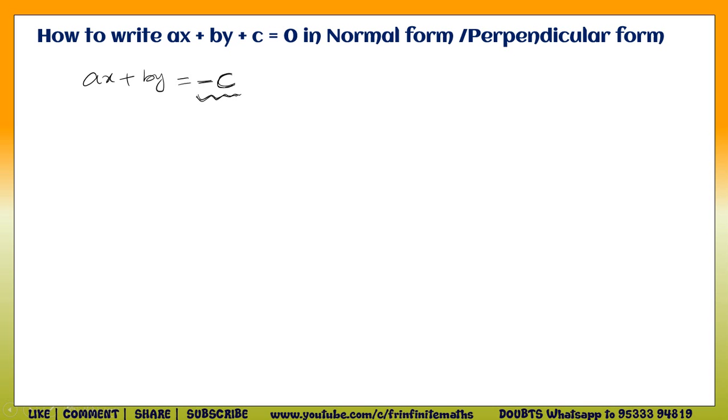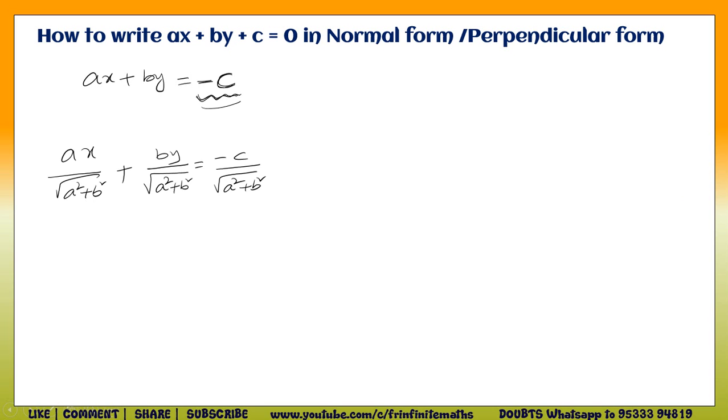If it is positive, then directly divide this equation by root a square plus b square. Then this becomes ax by root a square plus b square plus by by root a square plus b square is equal to minus c by root a square plus b square.